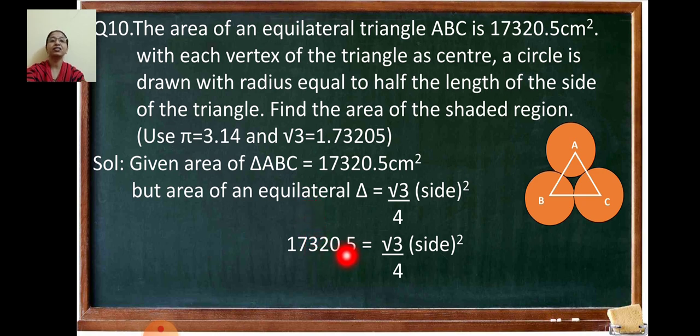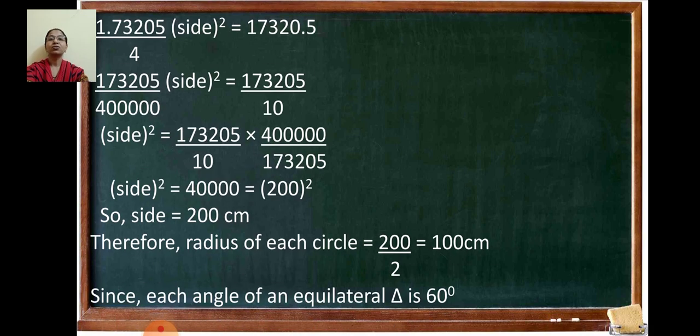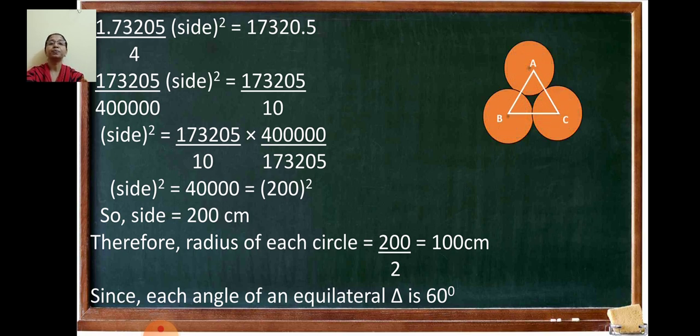Area of triangle is given to you is equal to root 3 upon 4 into side square. Now substitute value of root 3. Value of root 3 is 1.73205 divided by 4 into side square is equal to the area of triangle which is given to you.